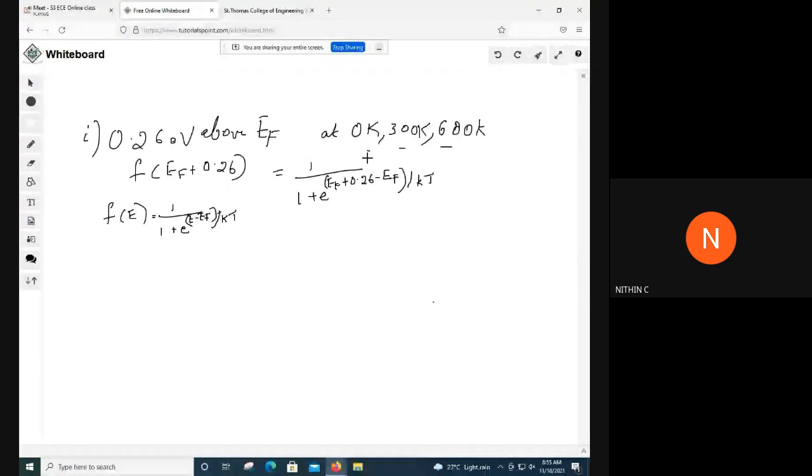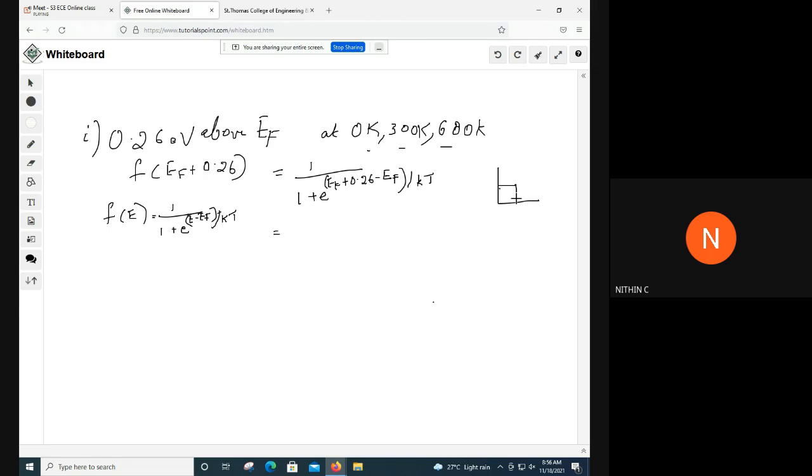We need to find the value at 0 Kelvin, then at 300 Kelvin. So what was the answer for this one? When the value of T is equal to 0, we know in general that all the probabilities of occupancy above EF will be, what will be the answer for that? Yes, 0. So this was the graph.